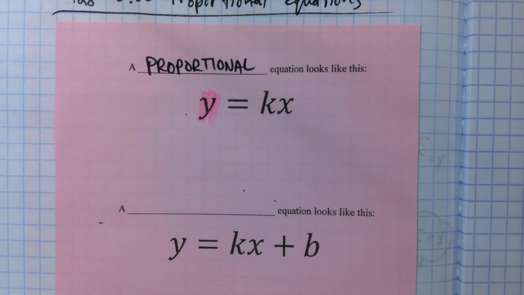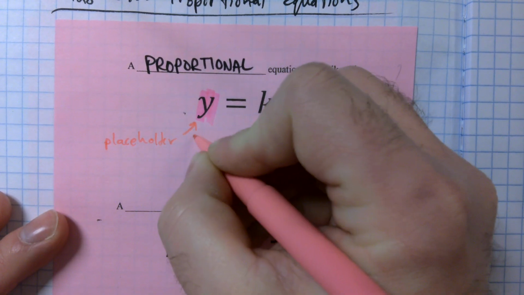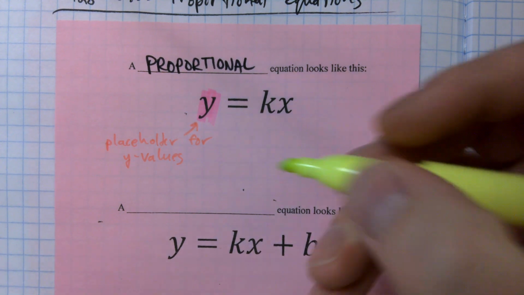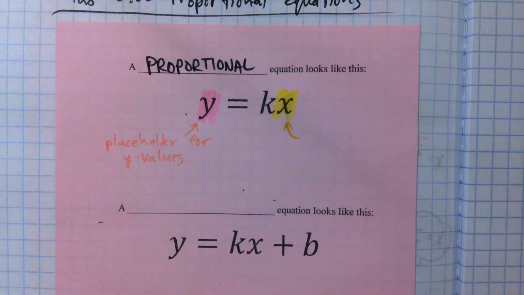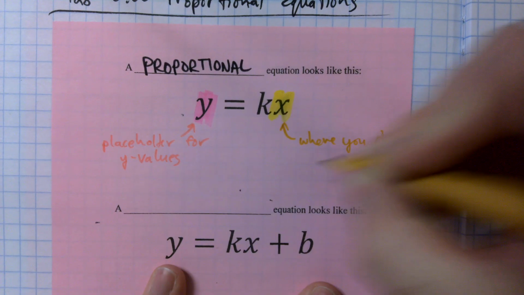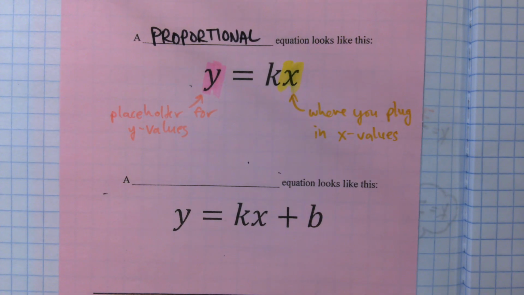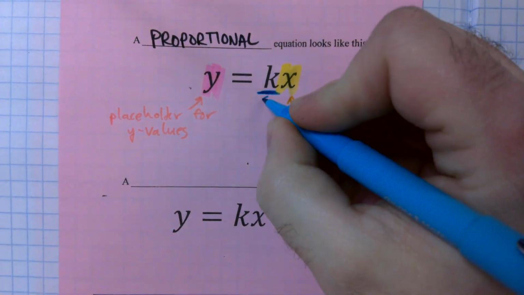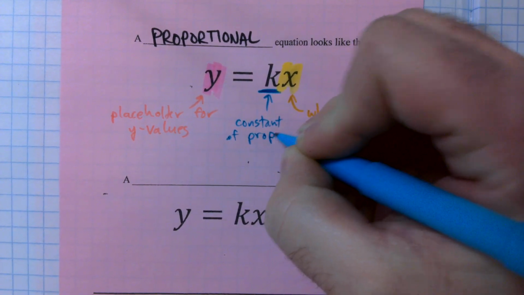Where y is a placeholder for y values, in pink, x is where you plug in x values, and k, as we know, is my constant of proportionality.